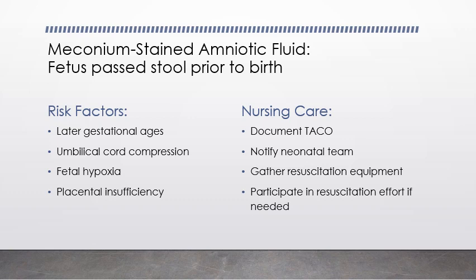It could be greenish fluid with dark flecks in it, like pieces of meconium. That's all important to note when you do your documentation. This happens more at later gestational ages, especially toward that late term or post-term pregnancy. Remember, because the placenta doesn't work as well, the baby's not as oxygenated, and fetal hypoxia can lead to meconium passage.